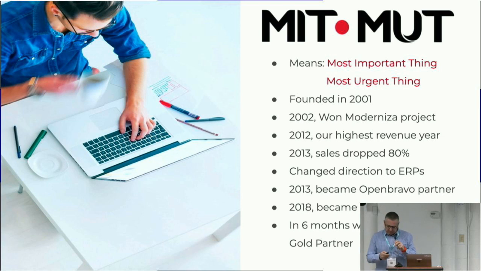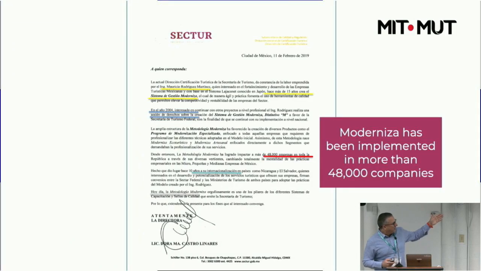This is a letter from the Ministry of Tourism of Mexico that says this program, Moderniza, has been implemented in 48,000 companies in Mexico. We gained a lot of experience from this program, which extended for 15 years and is still being implemented.